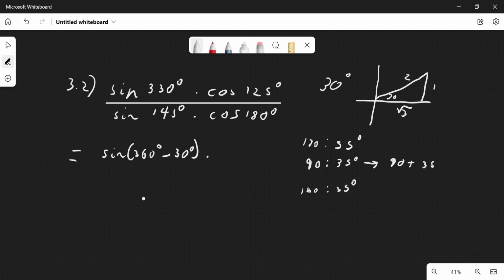Now, immediately, I need to know that there's something going on here. I need to then check, are 35 and 55 co-interior angles? So I'll say, what's 90 minus 35, for example? I get 55. So yes, they are co-interior.